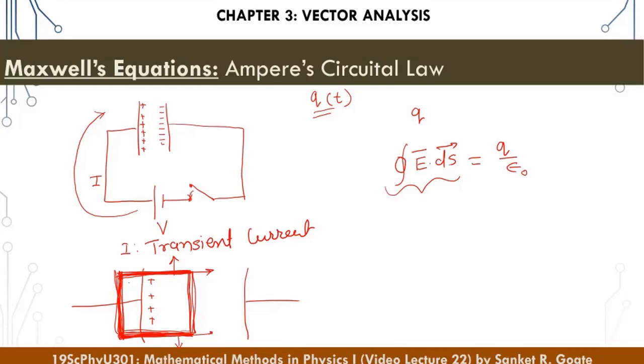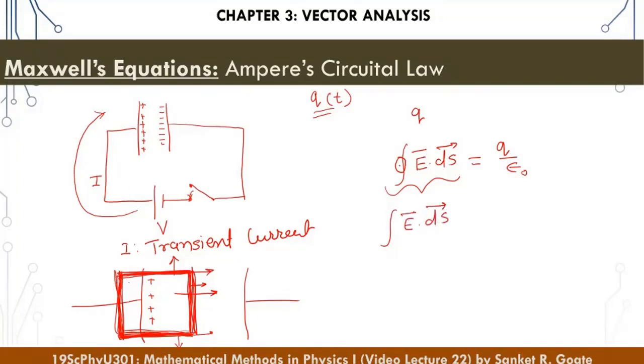Out of these 6 surfaces, only one surface, which is perpendicular to the screen going inside it, is in the same direction as the electric field, and that is the only surface which will contribute to the dot product, and therefore this integration over the closed surface can now be written as E dot ds.